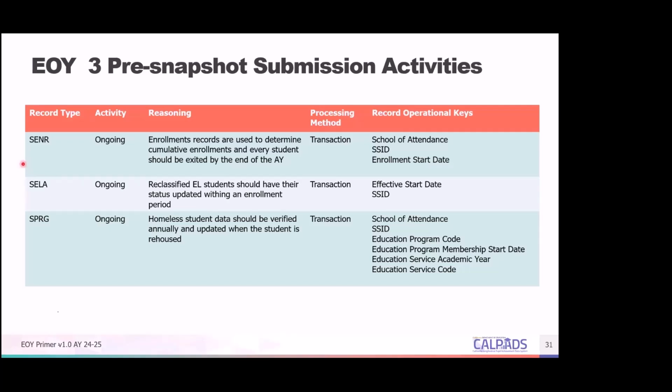So end of year three is when you'll provide your exit and completer codes, and every student will require an SENR record to close the academic year enrollment, but do not close the academic year enrollment until after the testing window finishes. We'll need those students to be enrolled in order to report the results of testing. And so we'll need the testing window to be finished prior to closing the SENR records for your students. Students who are RFEP during the academic year are reported in CALPADS at end of year 3.